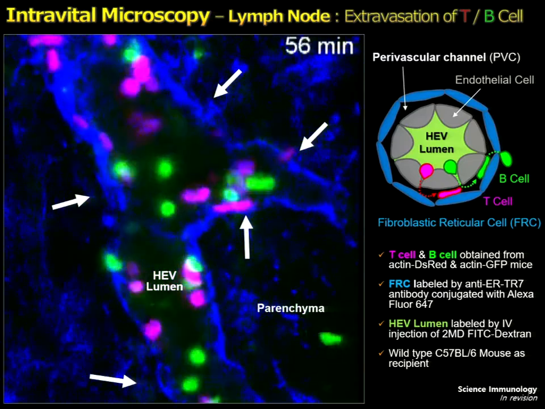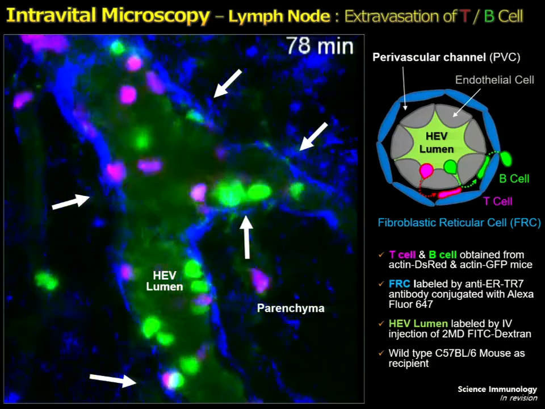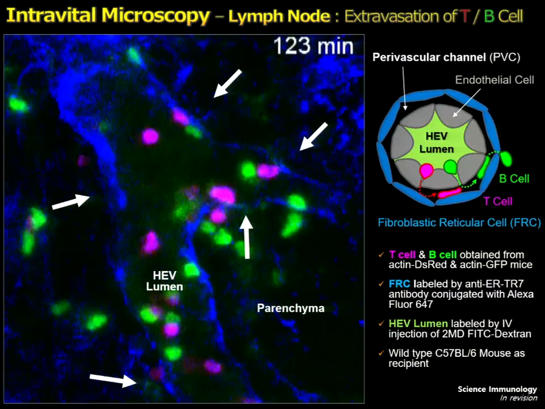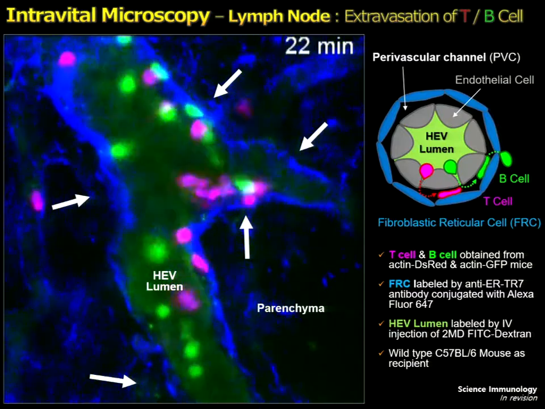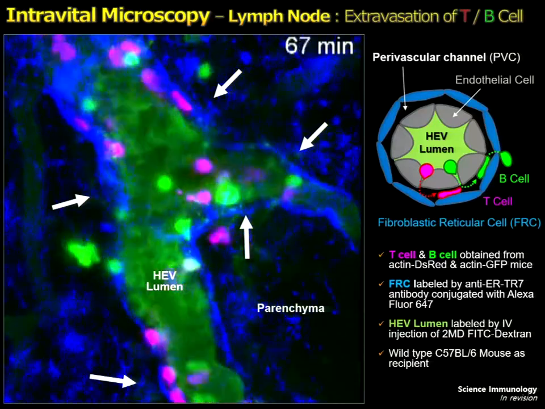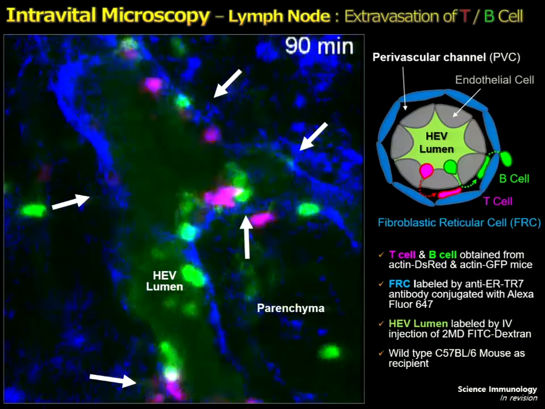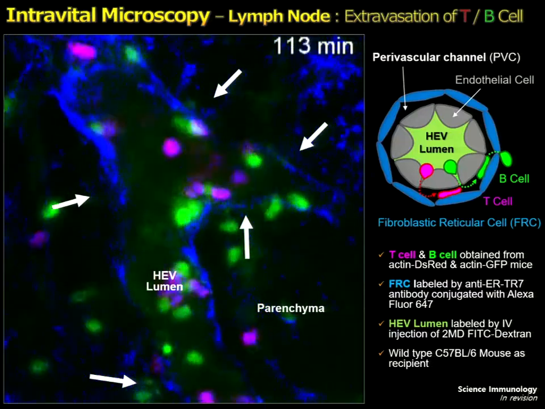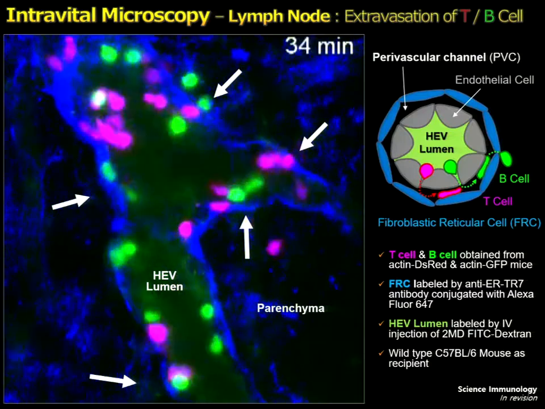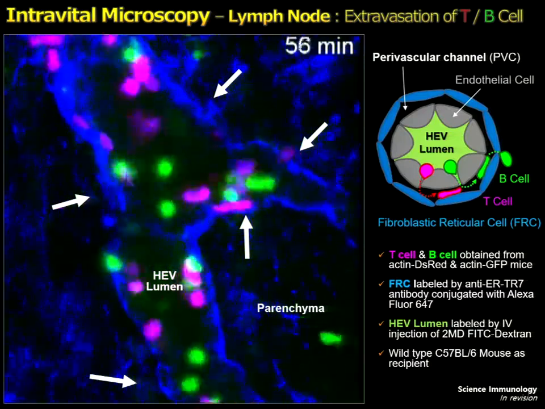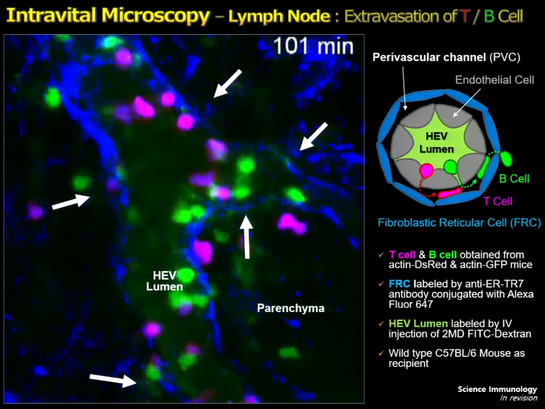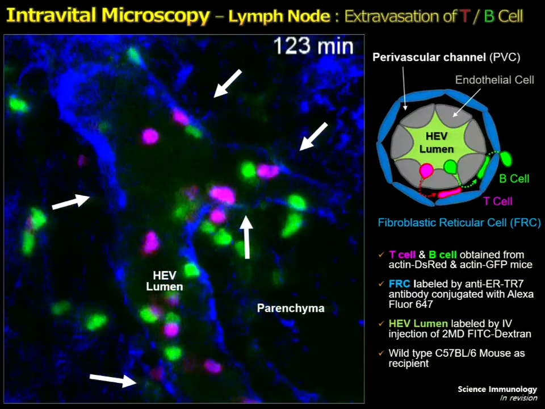Okay, so this IntraVital microscopy is a very good technology if you are interested in the cell dynamics in terms of migrations and their interaction with the different cells. In this particular example, we use the T cell that expresses DsRed fluorescence protein, and B cell expresses GFP, green fluorescence protein, and FRC is labeled by injecting antibody, the anti-ER-TR7 antibody conjugated to Alexa Fluor 647.